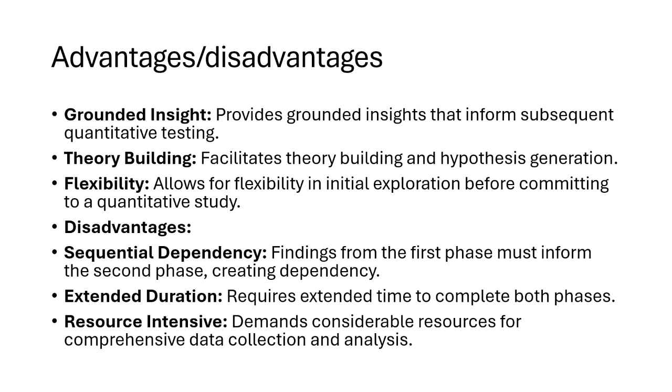Now, the disadvantage is the sequential dependency of this design. So findings from the first phase must inform the second phase, creating a dependency. Now, I can, for instance, give you an example of a PhD student of mine that initially thought he could just create a survey based on literature.